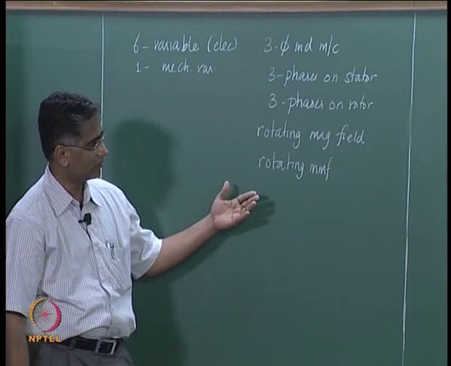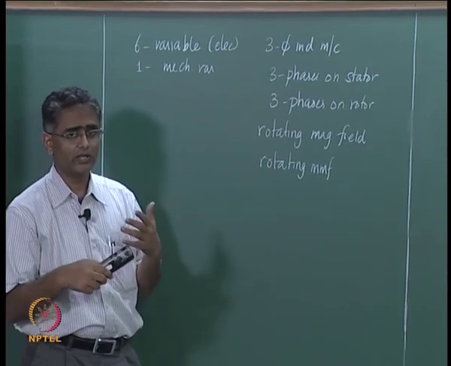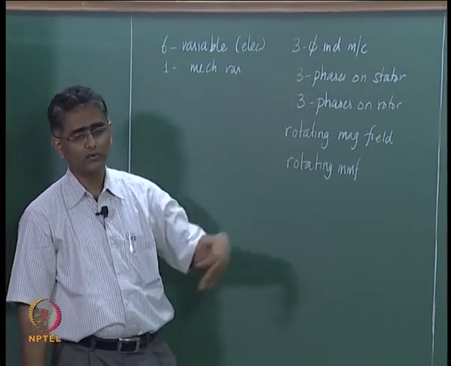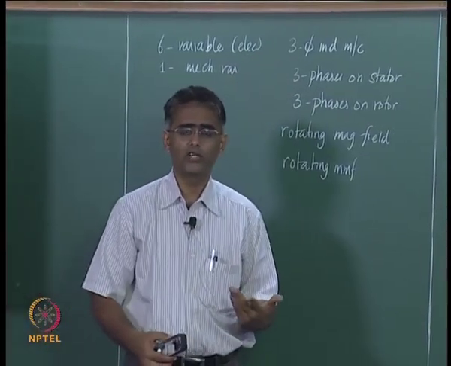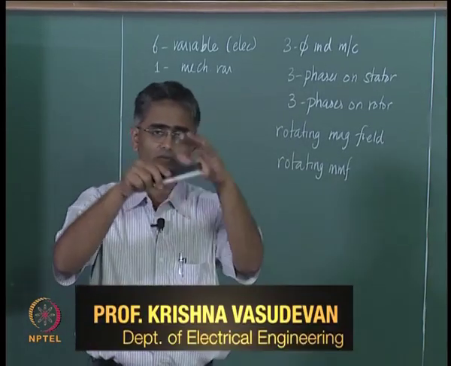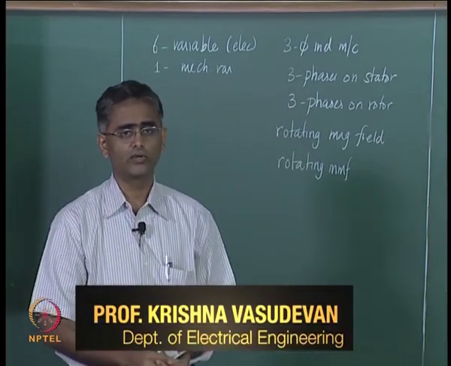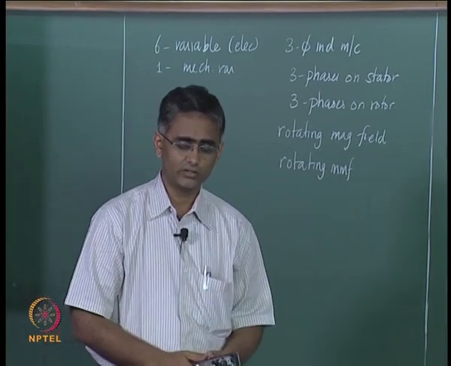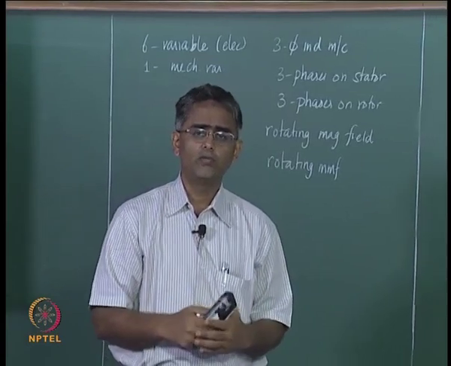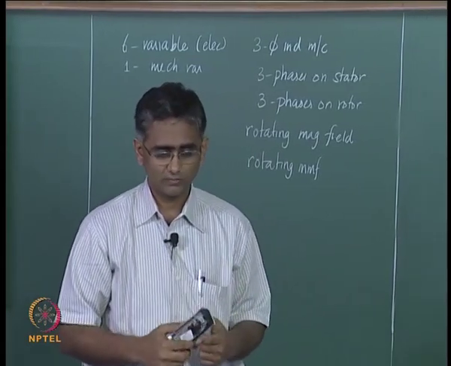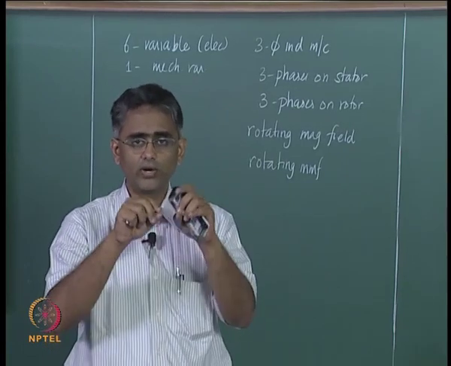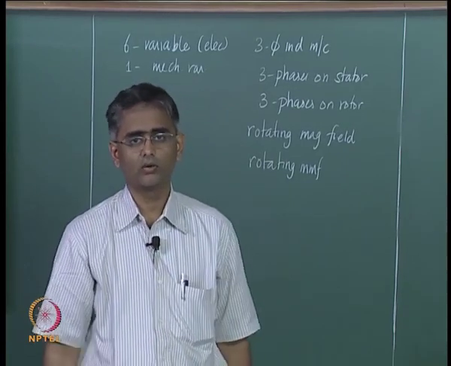This rotating MMF waveform is the net of excitation on all the 3 phases. For example, in order to derive the expression for inductances, we have looked at the MMF distribution around the circumference of the electrical machine in the air gap, and how the MMF generated by one phase is distributed around the air gap.